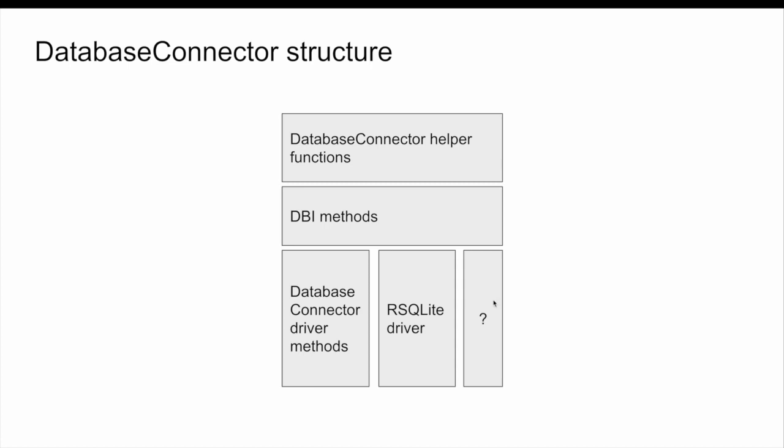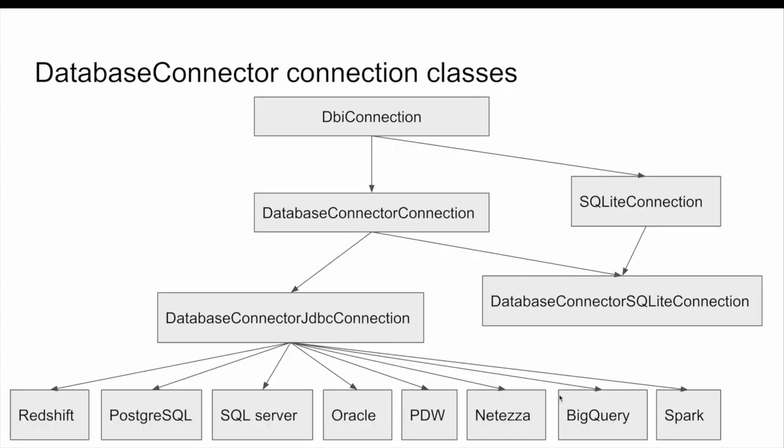So if you want to use ODBC or some other driver package like RPostgres, you could use that as well with these database connector helper functions, which are how we're connecting to the database and querying it in all the OHDSI tools. This has a lot to do with getting dplyr to work, because we need new classes for each database connection.